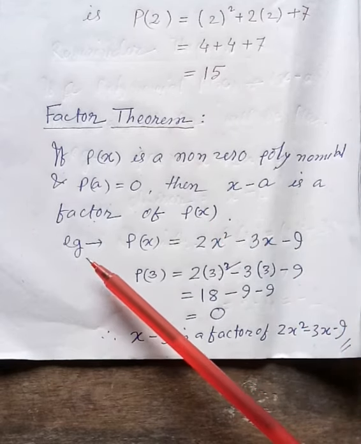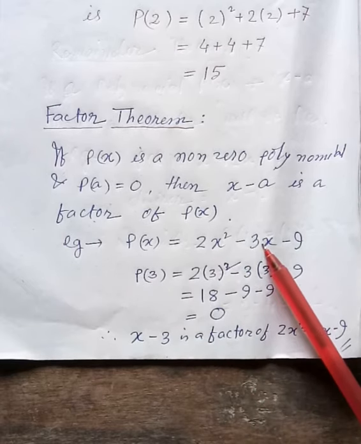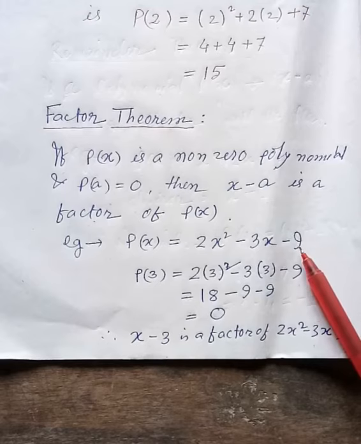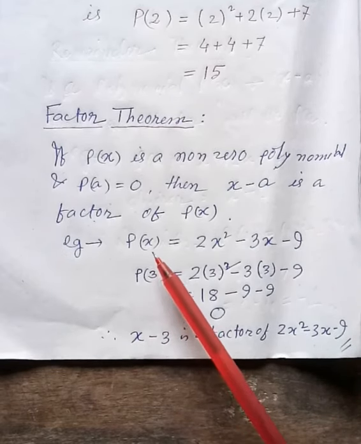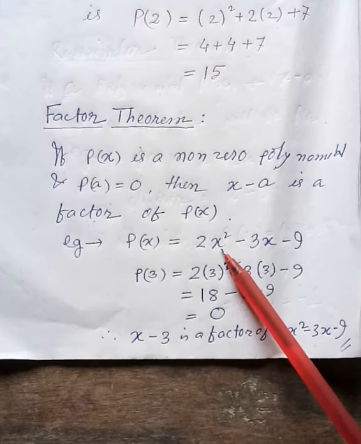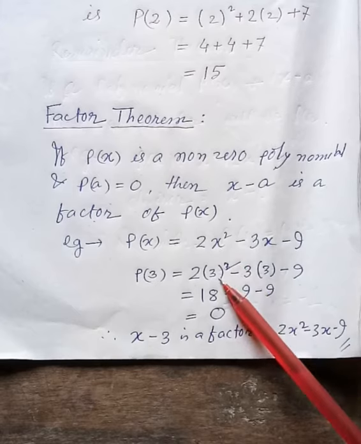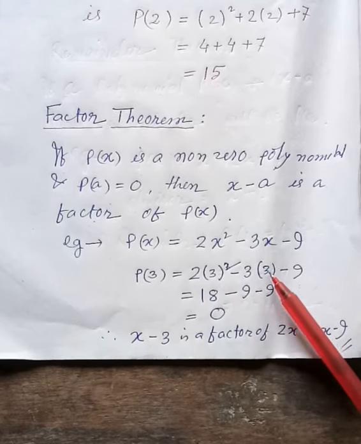You can understand easily with the help of an example. Suppose this is p(x), a polynomial with variable x. And in place of x, if I replace 3, then the polynomial will be expressed like this, with x replaced with 3.